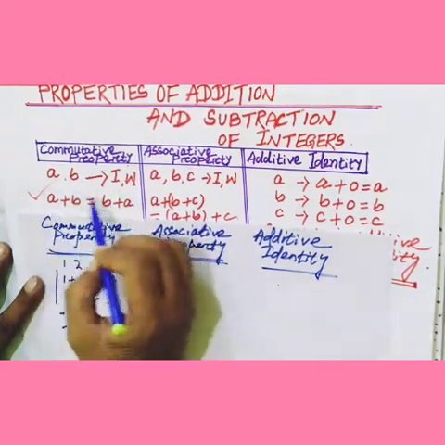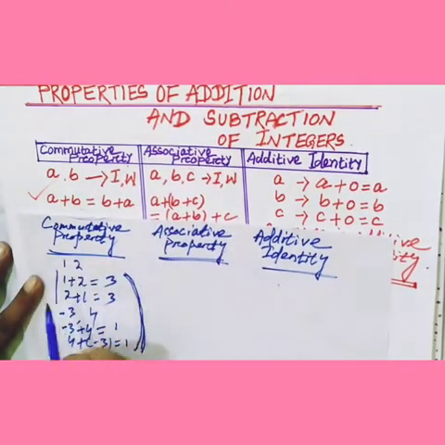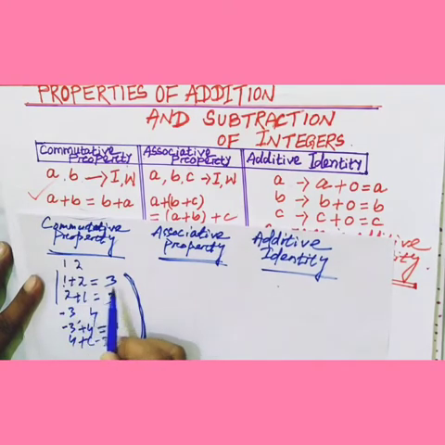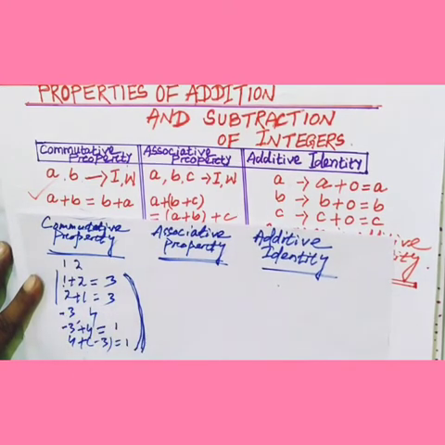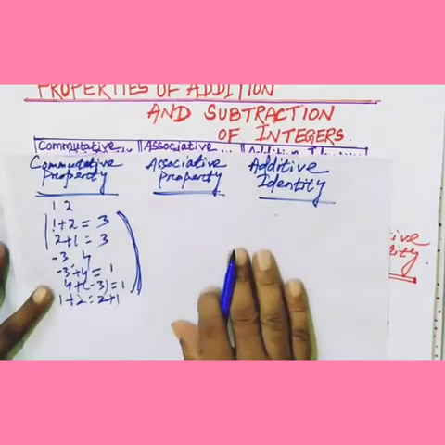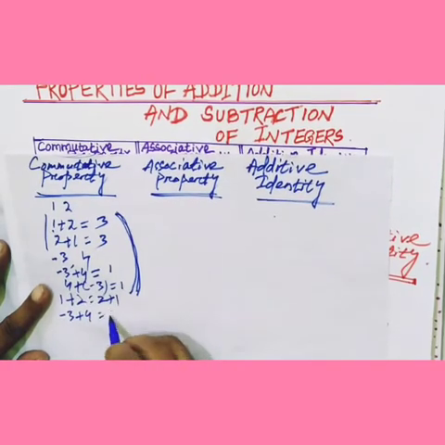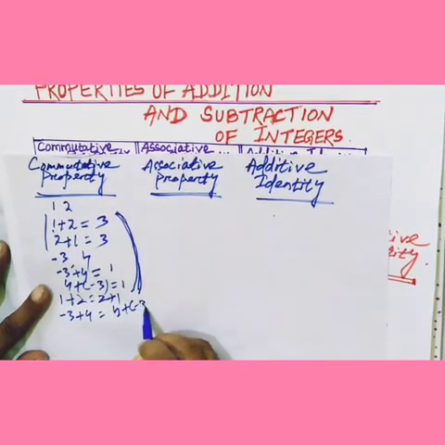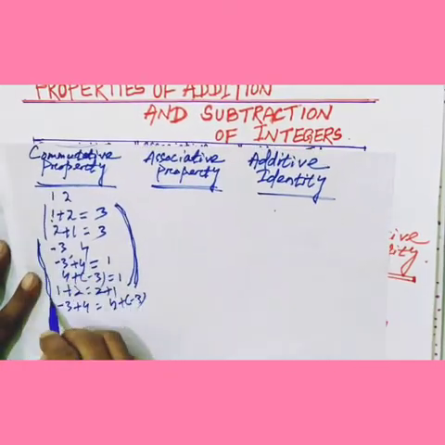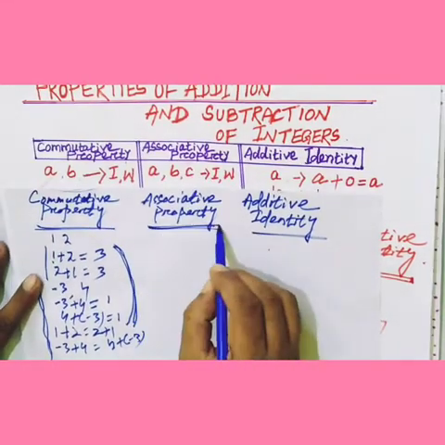That means 1 plus 2 equals 3, and 2 plus 1 equals 3, so 1 plus 2 equals 2 plus 1. Similarly, minus 3 plus 4 equals 4 plus minus 3. Next, the associative property.